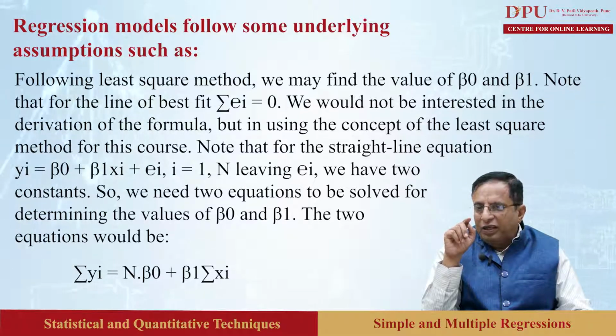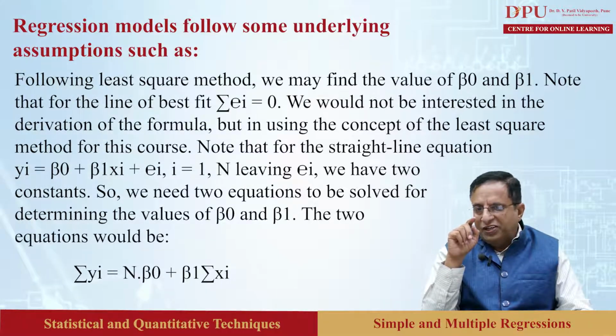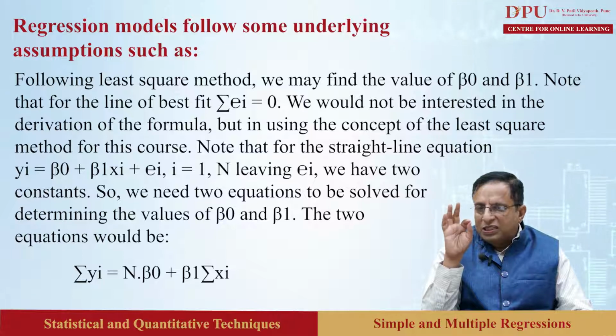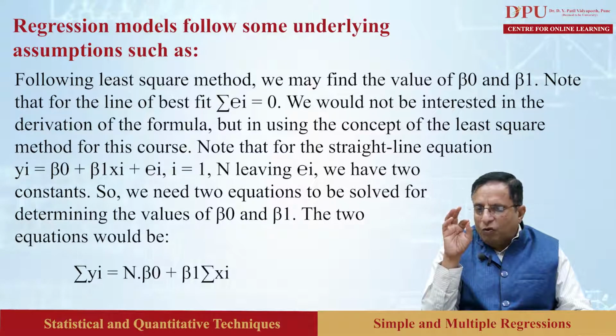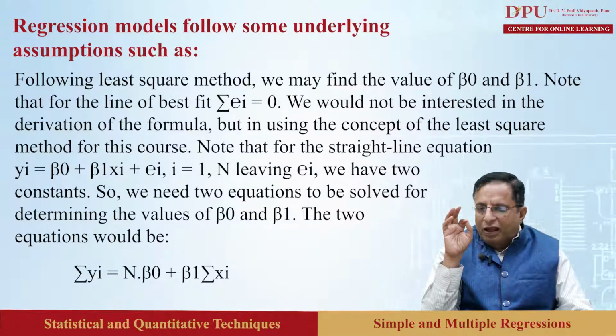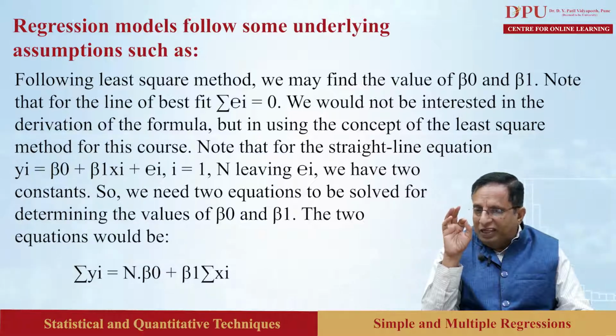We would not be interested in the derivation of the formula, but in using the concept of the least square method for this course. Note that for the straight line equation, yi is equal to beta naught plus beta 1 xi plus ei, where i is equal to 1 to n, leaving ei.